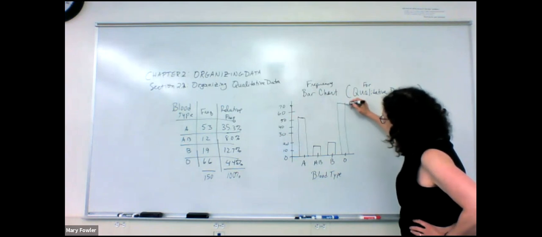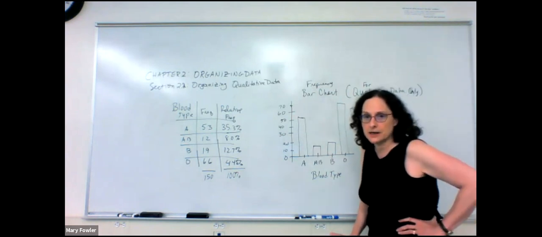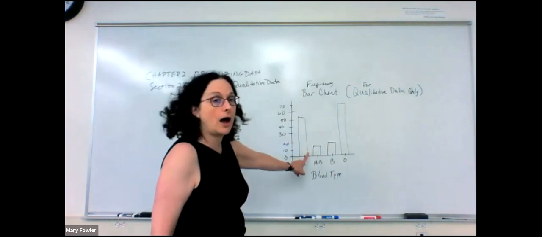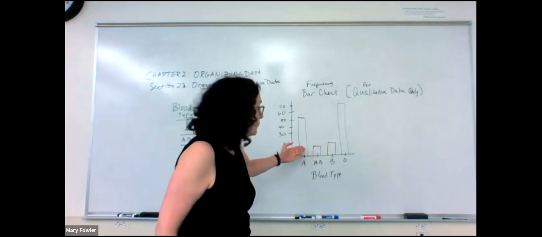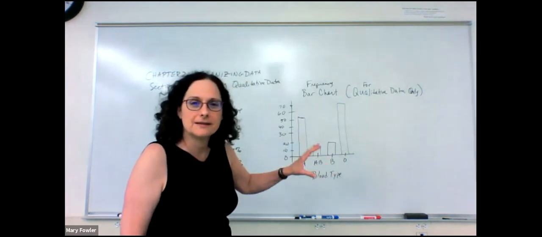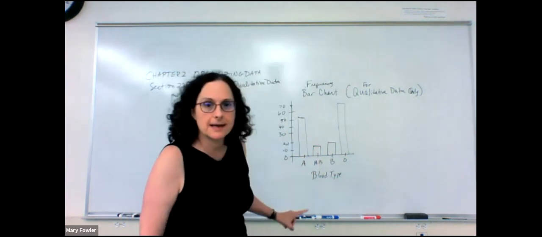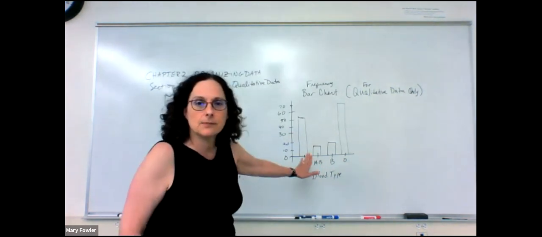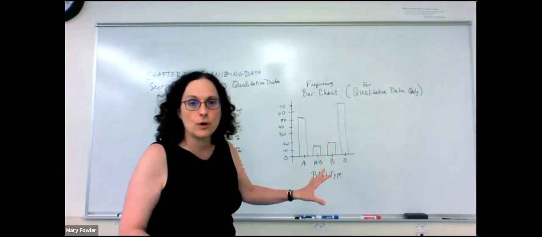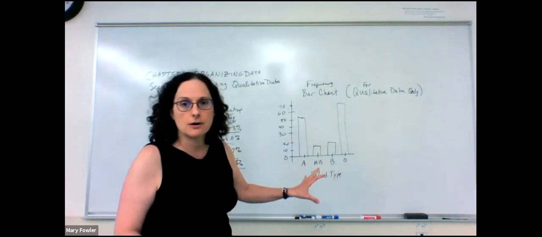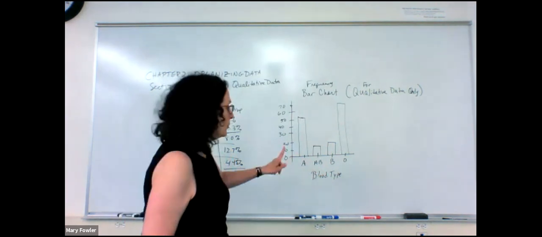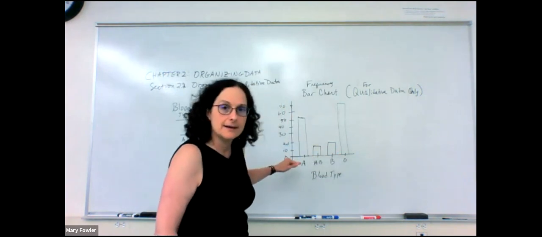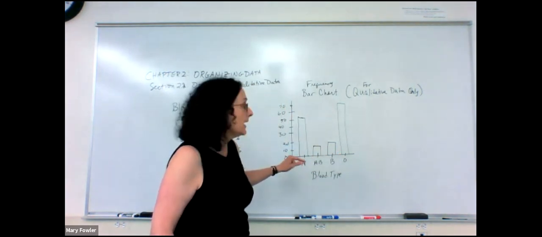So what's important here is that the bars do not touch. The reason the bars don't touch is for the eye to move away from the feeling that A is somehow next to AB, that AB is somehow bigger than A, that this is a number line. All those things, we don't want to portray that in a bar chart for qualitative data. So the space here is to help us understand that this is not a number line, okay?